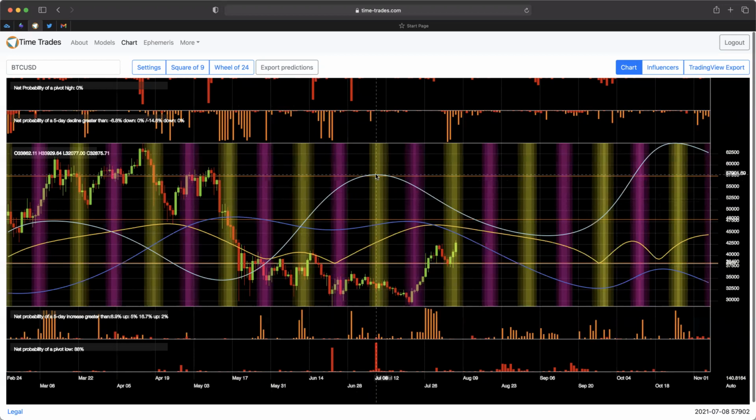It doesn't happen all the time, but more often than not. So that's definitely something to be aware of. But what I'm seeing in short-term waves is that there's no inflection points in the near term.